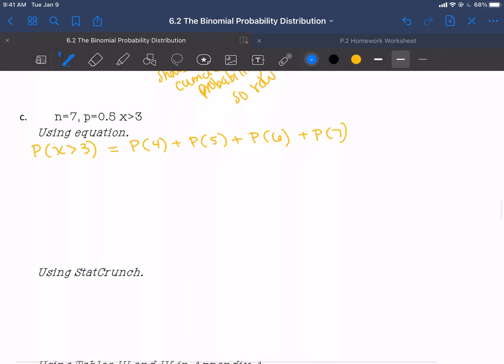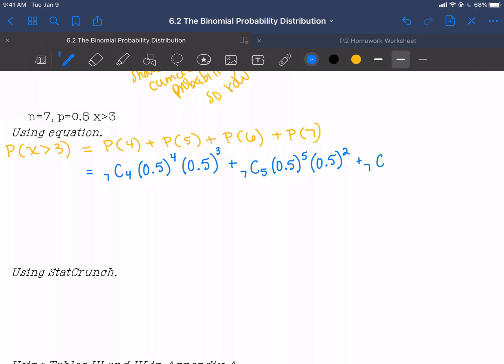So using the formula, we would do 7 choose 4 times 0.5 to the 4th power. Probability of failure is also 0.5, and this would be raised to the 3rd power. Plus, we would have 7 choose 5 times 0.5 to the 5th power times 0.5 to the 2nd power.